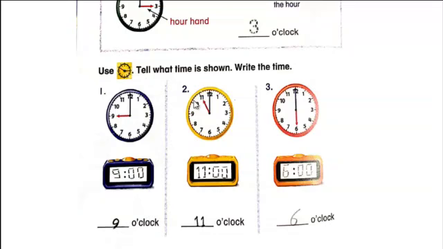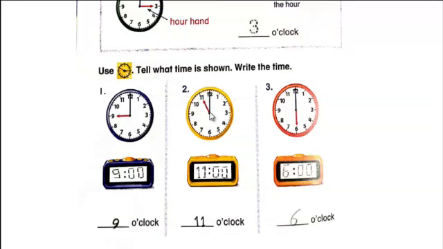Example number 2. Here the hour hand points to 11. So on a digital clock, on the left side, you will write the hour 11.